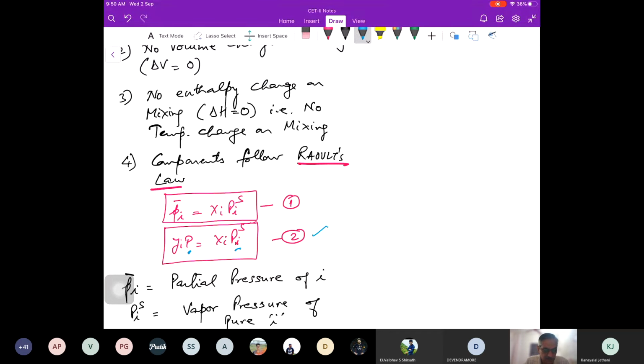So that is your equilibrium diagram, we will get the y-x diagram, which we saw just now, right? Did you understand how to use equation 2? Any questions on how to use equation 2? We'll see the examples, but any questions? Okay, there are no questions. Good.